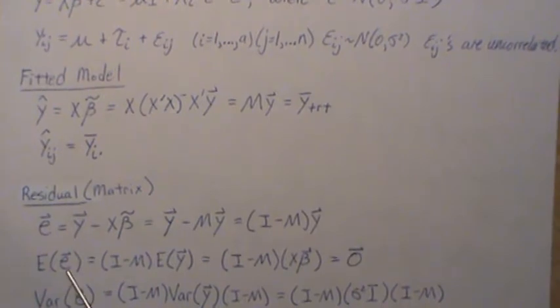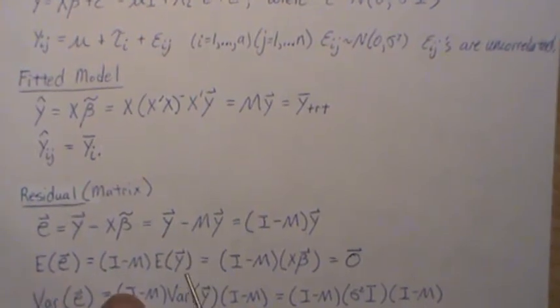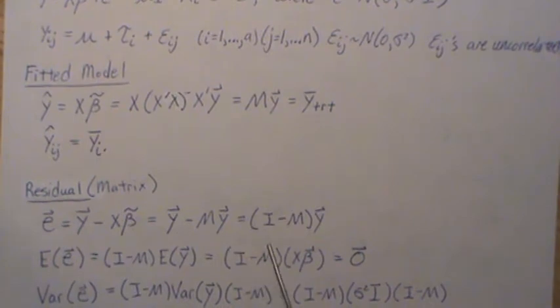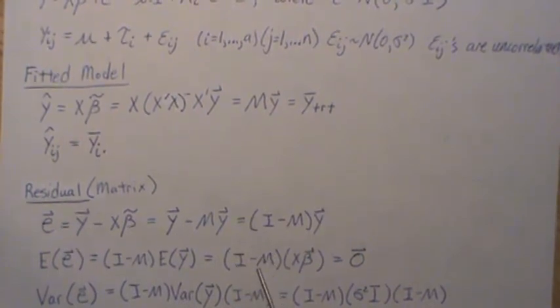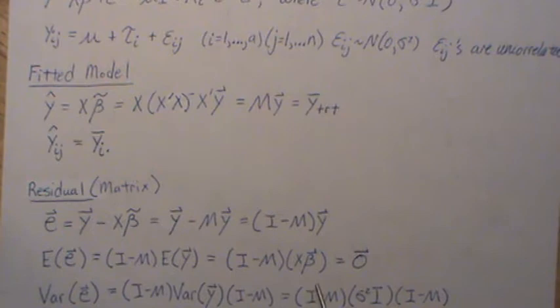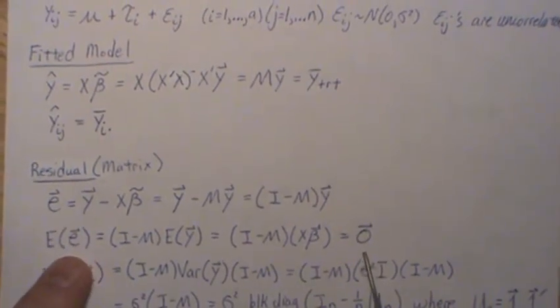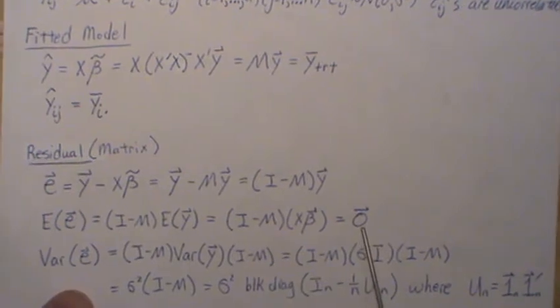The expected value of the residuals: you just take the expected value of this, and the expected value of y is X beta. But since I minus M projects onto the orthogonal complement of the column space of X, when you apply it to X, it projects down onto the 0 vector. So the expected value of the residuals is 0.